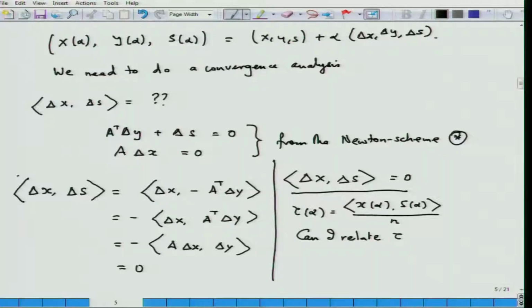That is exactly what I want, because I want to drive my tau towards 0, and that is the whole ball game. Can I relate tau alpha with tau so that we can be sure that the value of the duality measure is coming down?